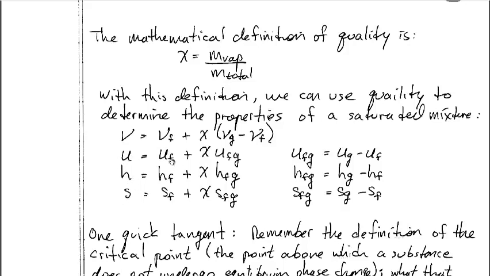The difference is that quality is being multiplied by the internal energy, enthalpy, or entropy of vaporization, right? So UFG, remember, is the difference between the saturated vapor and saturated liquid internal energy. HFG is Hg minus Hf, and SFG is Sg minus Sf.